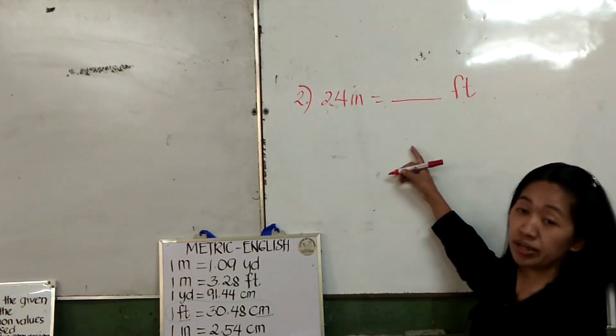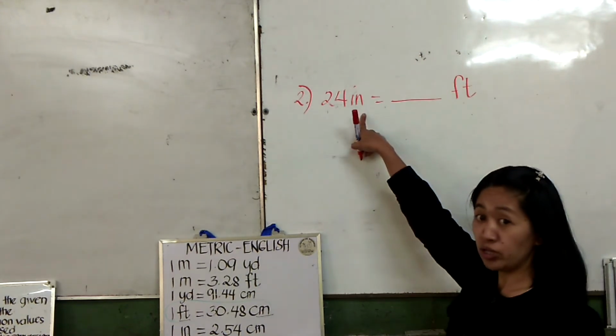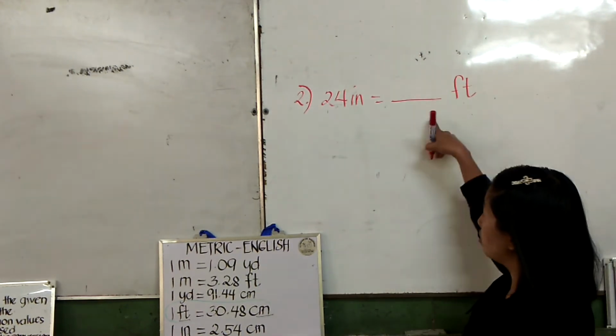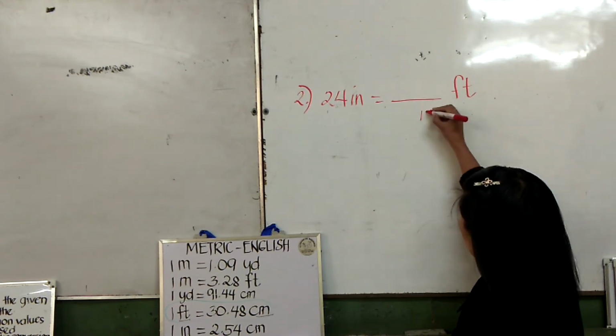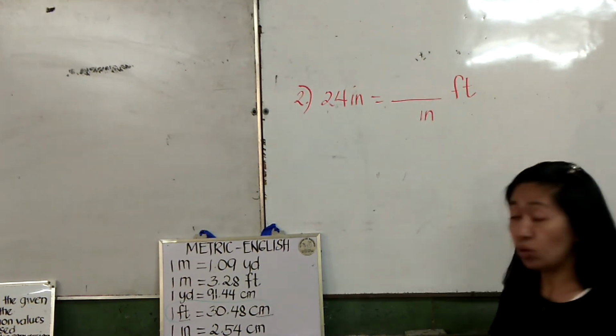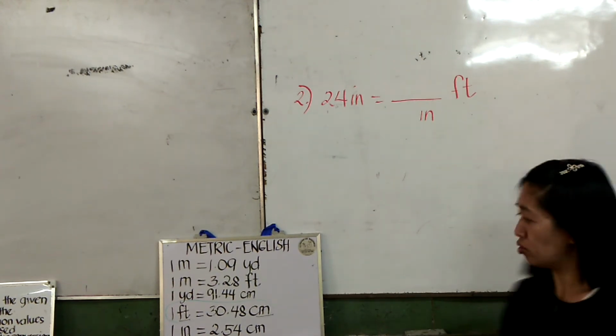Okay, so as I said a while ago, whatever unit you have here on top, you will write immediately here down so that you will not forget. So inches, and then we will locate what conversion table we use.